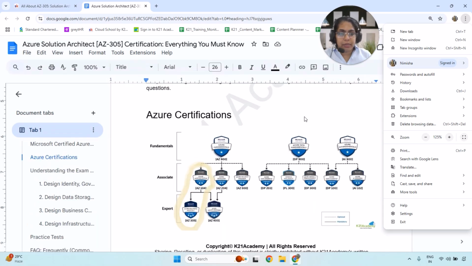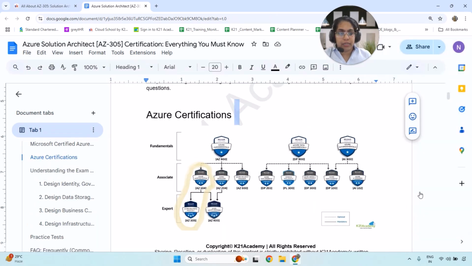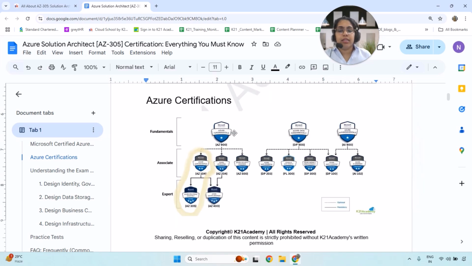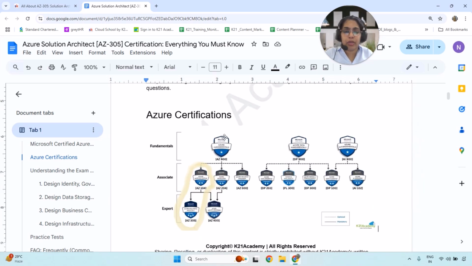So coming to the Azure certifications, we all know that Azure offers a lot of certifications, and over here we can see that it has been divided into 3 different sections. One is the fundamental part, the other one is the associate, and the third one is the expert level certification. In this you can also see there are multiple partitions.